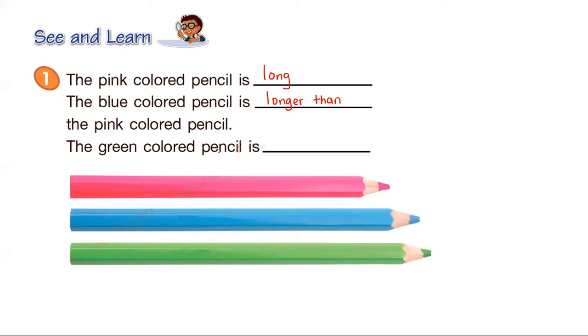And the green colored pencil is the longest. The green colored pencil is longer than the blue one and longer than the pink one. So that's why we say longest.